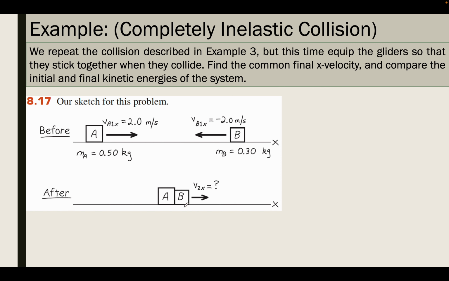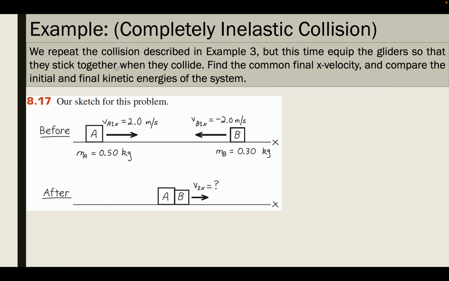Okay, so here we have an example of a completely inelastic collision. We repeat the collision described in example 3, which we discussed in the previous meeting, but this time we equip the gliders so that they stick together when they collide.